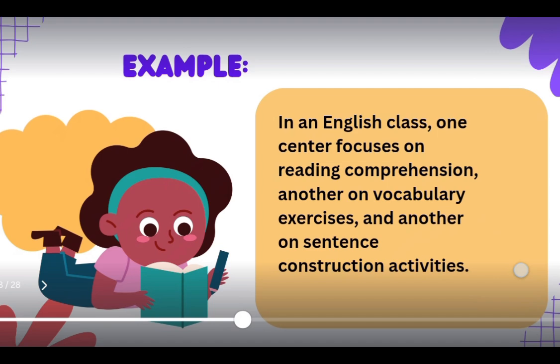And also another example, in math subject, there can be a center for problem solving, center for drills, or center for group activities. So, because of this, students remain engaged and motivated since they are actively participating and not just passively listening.